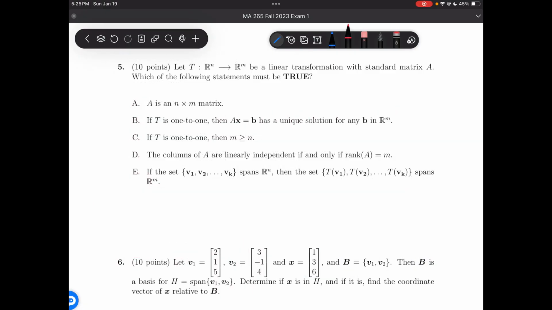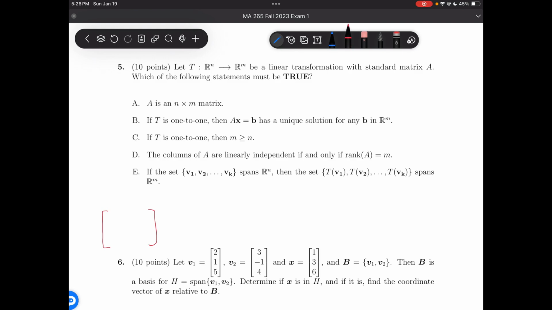Okay, this problem says let T be a transformation from Rn to Rm with standard matrix A. Which of the following statements must be true? Okay, so let's say we have A, and A is a matrix.